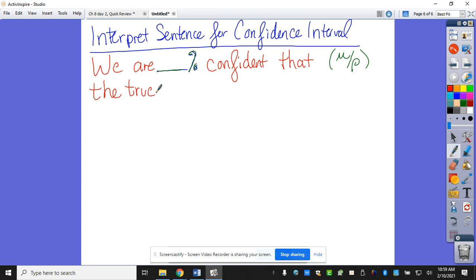This is the true what? The top one is your true mean, this is your true proportion. So it depends on which one we use. And you need it in context. Falls between number and number.